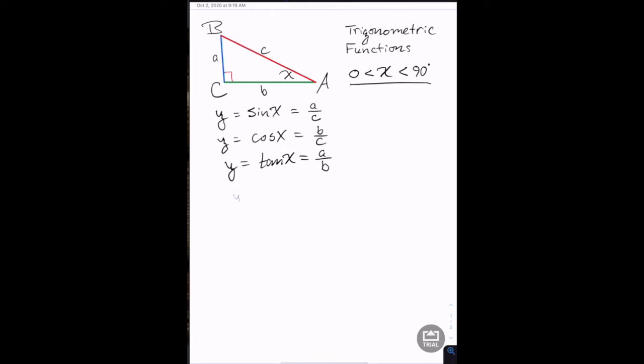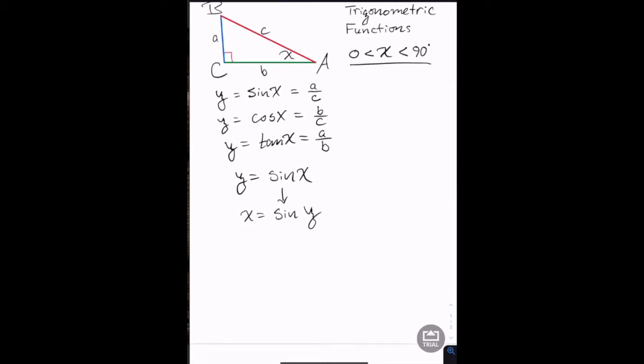Let's just do this with sine. If we have y is equal to the sine of x, right now the domain is x and the range is y. But the first thing that you do in creating an inverse function is you swap x and y. So we're going to say x now is equal to sine of y, and then you solve for y.